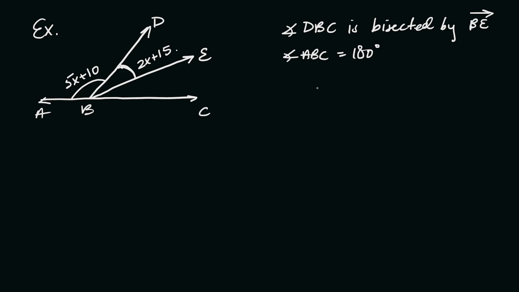Now take a moment and see if you can find what x equals. Find x. Pause this video here and see if you can find what x is equal to by understanding what an angle bisector necessarily means.